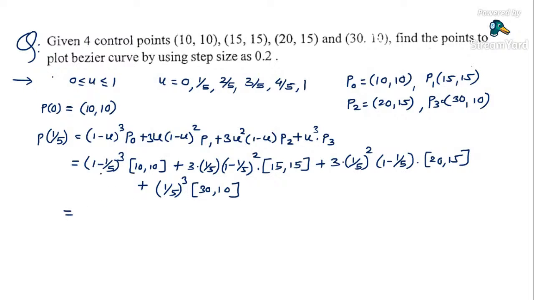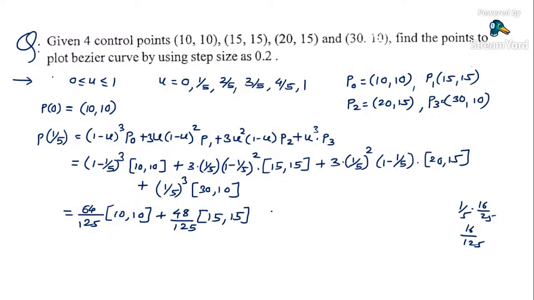So now simplify this. 1 minus 1/5 is 4/5, so (4/5)³ is 64 divided by 125, times (10, 10), plus 3 into 1/5 into (4/5)², 16 by 25, so 48 by 125, times (15, 15), then plus 3 into 1/25 into 4/5, 12 by 125, times (20, 15).